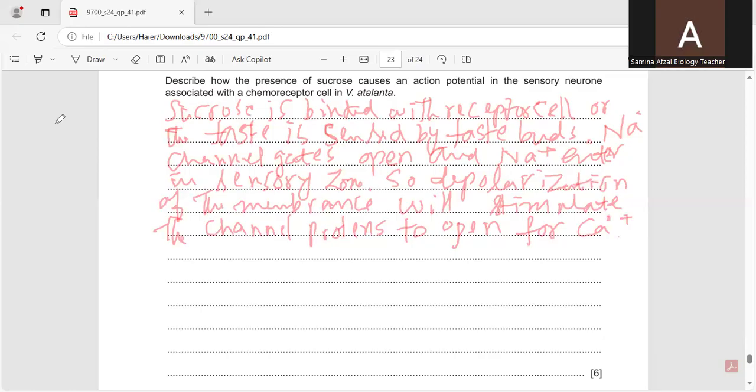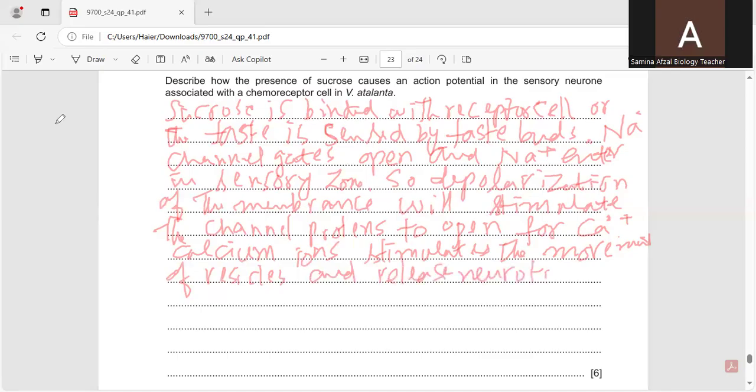So calcium ions will stimulate the movement of vesicles and release neurotransmitter.